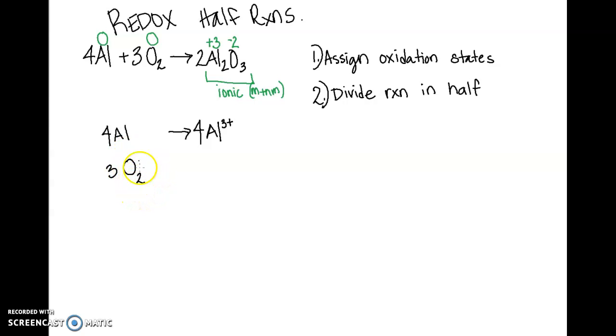I don't think that's necessarily wrong in this case, but we just don't do it that often, so I'm not going to do it. Yields, what do they become? 6 oxygen ions. So 6 oxygen atoms, or 3 oxygen molecules, became 6 oxygen ions. So I've divided the reaction in half.